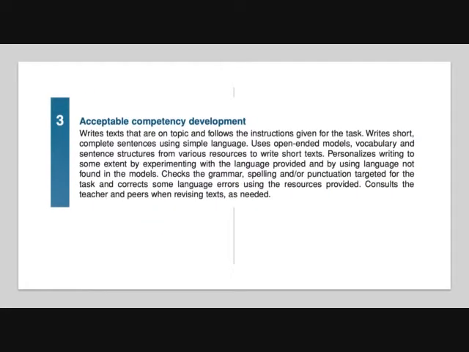So in grade 5 and 6, an acceptable competency development, students are writing texts that are on topic, that are following the instructions, the texts are short, using complete sentences and simple language. They're starting to experiment with language. They're starting to check their grammar, spelling, and punctuation, and they're even correcting some of their language errors.